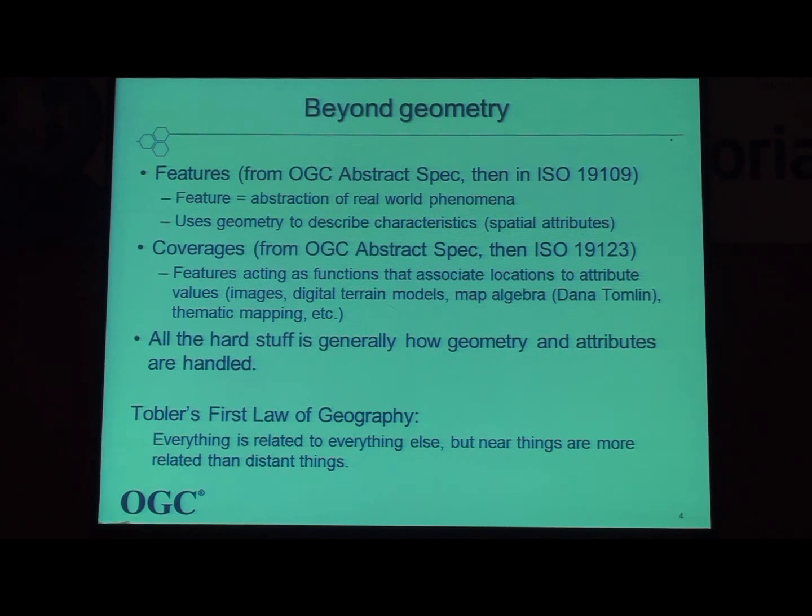Everything that's been happening since has fit this model. And as far as I know, not a single primary assumption that we made in that meeting has ever been broken. And that basically says the hard stuff is generally how geometry works, and how the attributes that are associated to geometry work.